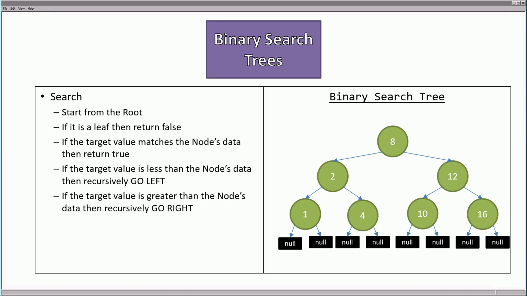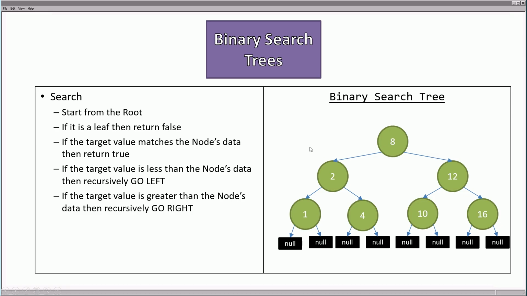So let's say, for example, we were looking for the value 4. If we start from the root value right here and we're searching for 4, well, 4 is less than 8. We don't need to check the right-hand side because we know as 4 is less than 8, we only need to check the left-hand side. So as 4 is less than 8, we go left.